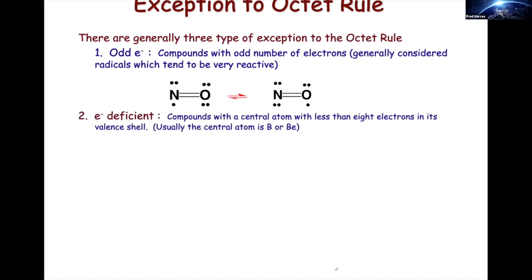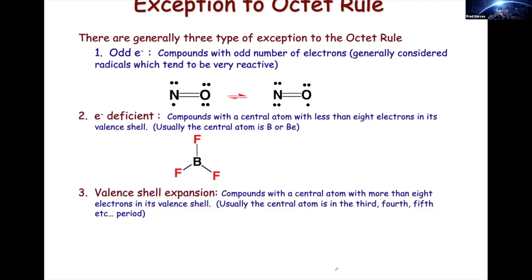If you have an electron deficit, because you can't remove all the valence electrons, especially for boron and beryllium, you have an exception. Boron is going to be satisfied with 6 electrons in its valence shell. Beryllium generally will be satisfied with just 4 electrons in its valence shell.